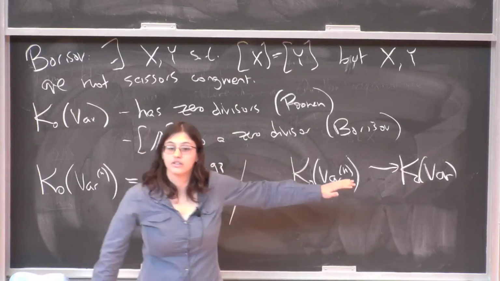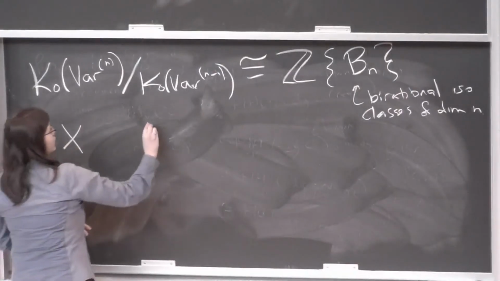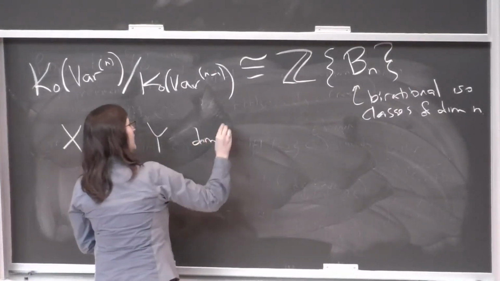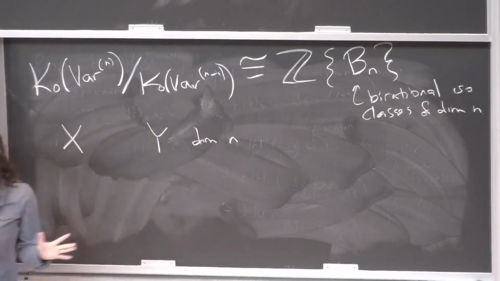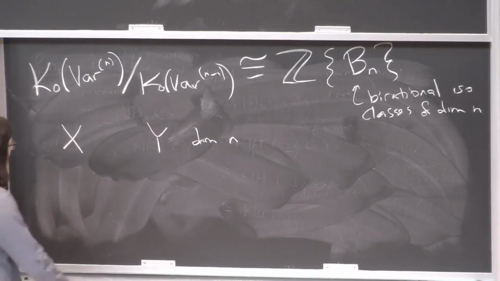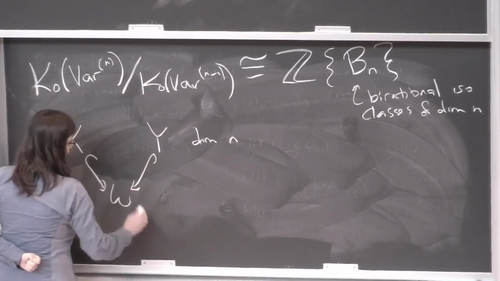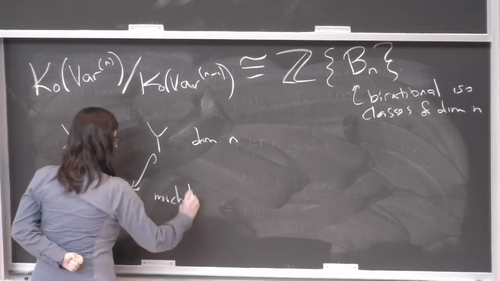So where could elements in the kernel in this come from? Well, imagine that you have two varieties of dimension n, and these are not scissors congruent. So they're different over here. And now you say, OK, how can they become equal once they're included into something of much larger dimension? Well, suppose that they both sit inside some variety W of much larger dimension.